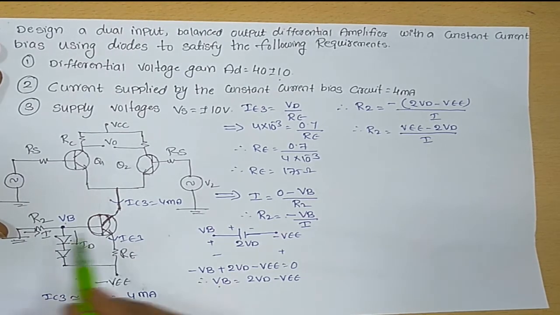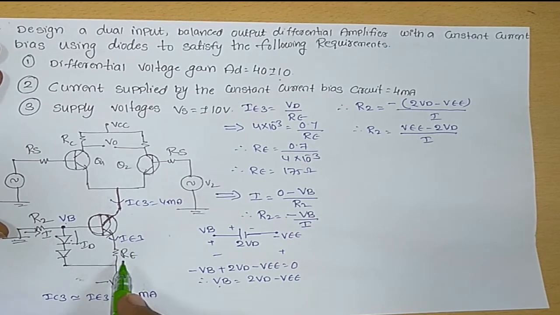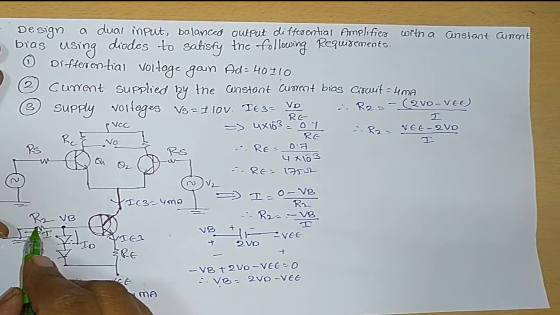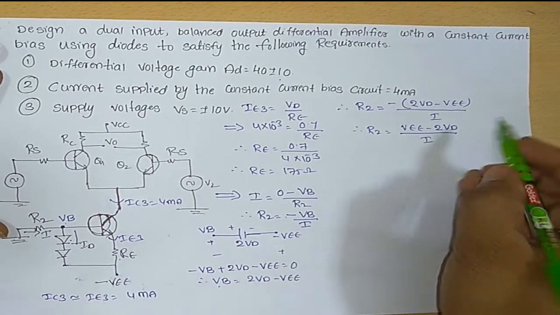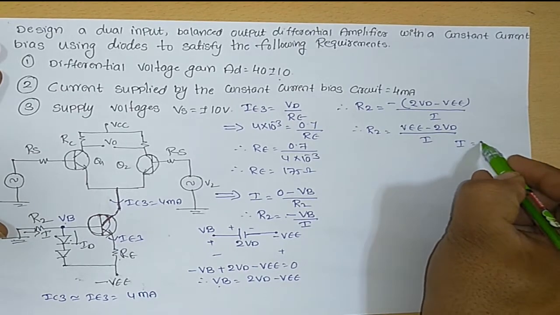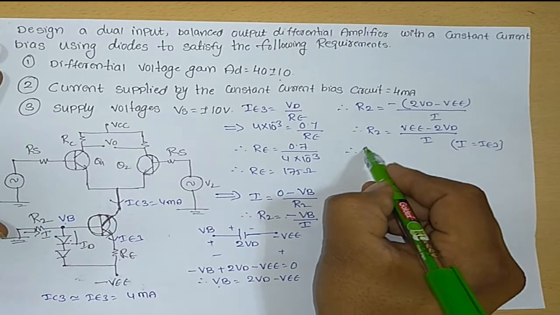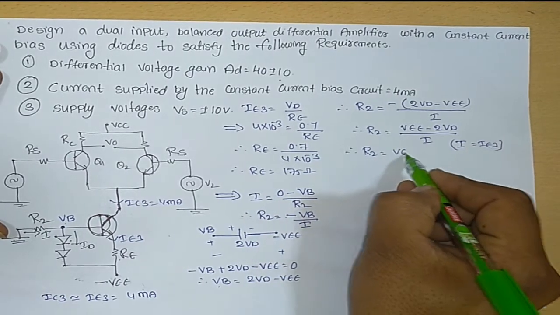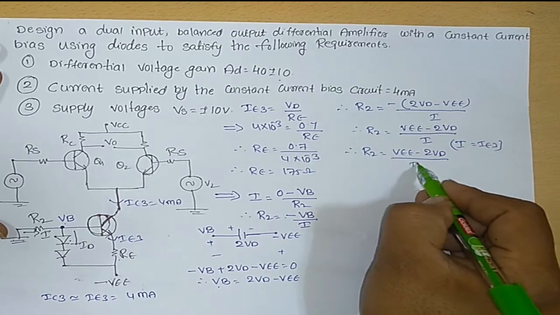It means that this emitter current IE3 varies with respect to this emitter resistance RE or this resistor R2. With respect to these values, we consider the current I equal to IE3. Therefore, R2 equals VEE minus 2 VD whole by IE3.